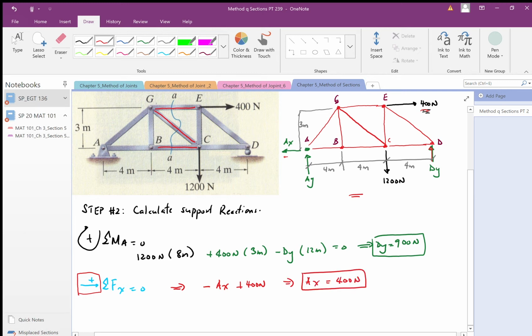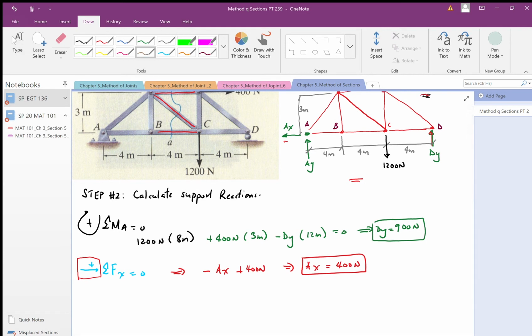I want to take it a step further and say the sum of the forces in the y direction equals 0. I'm going to look for all the forces in the y direction. I see Ay here, positive, minus this 1200 newtons coming down, and then plus this Dy, which is 900 newtons, equals 0.